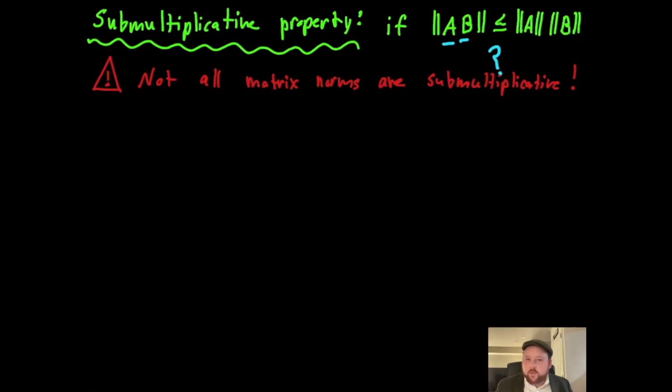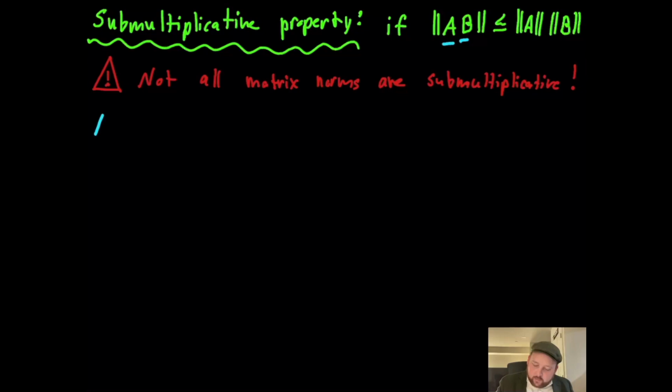In general, this inequality is not true. I'm asking, can I bound the matrix norm of AB by the product of the matrix norms of A and B? In general, this is not true, so I put this warning symbol again just to warn you.